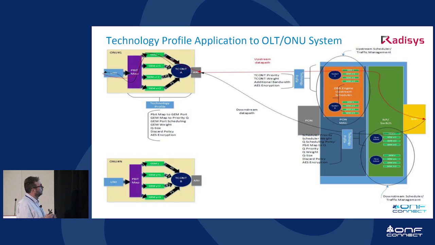Let's see. If we look at a representation of an OLT system, with an OLT here on the right and ONUs on the left, the OLT has an MP switch component and a MAC component that has a DBA engine for scheduling upstream, and we have our ONUs with a UNI interface and match action rules on ingress, then a p-bit mapper to gem ports to TCONs.